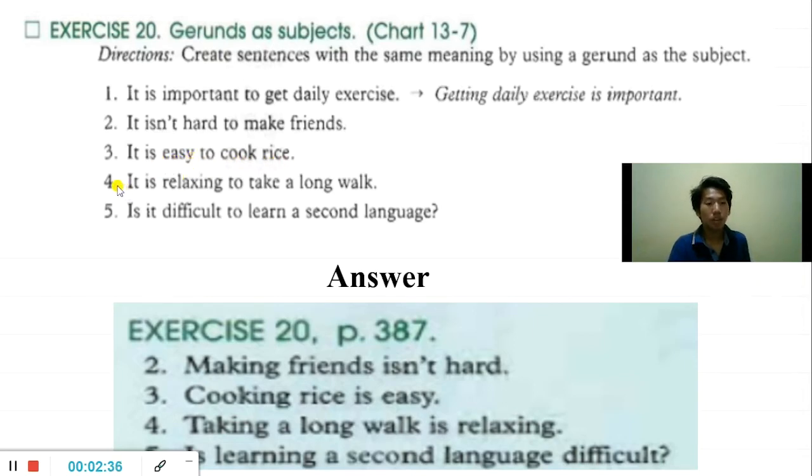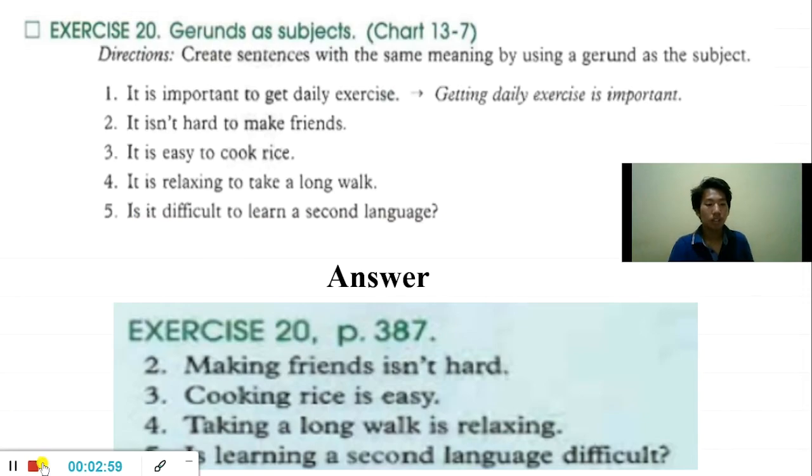Okay, number 4, it is relaxing to take a long walk. Infinitive to take, and the gerund is taking. Taking a long walk is relaxing. Number 5, it is difficult to learn a second language. Look, the infinitive to learn and the gerund is learning. Learning a second language is difficult.